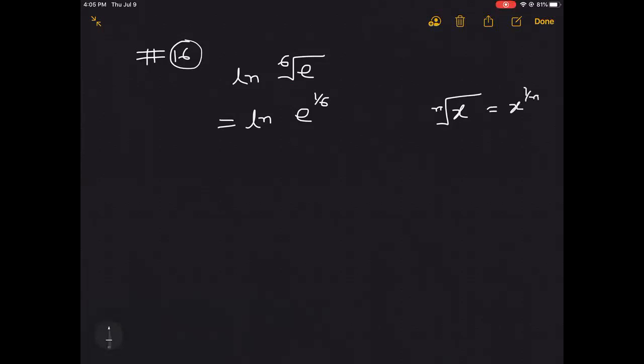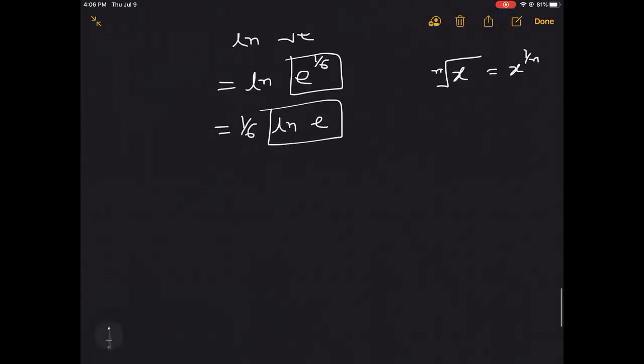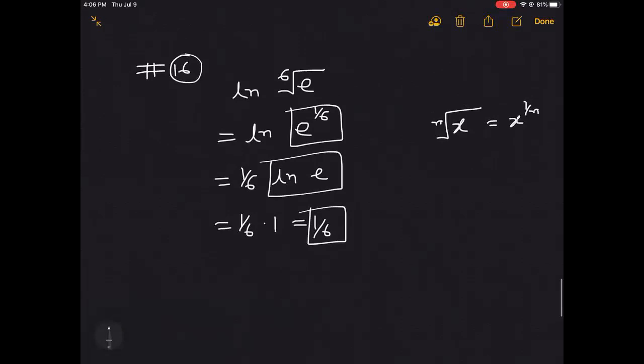I have just done the same thing here. And again, if you know the property, you can write the exponent in front. What's the value of this? Anyone? 1. Very good. So it will be 1/6 times 1, which is 1/6. That should be your answer.